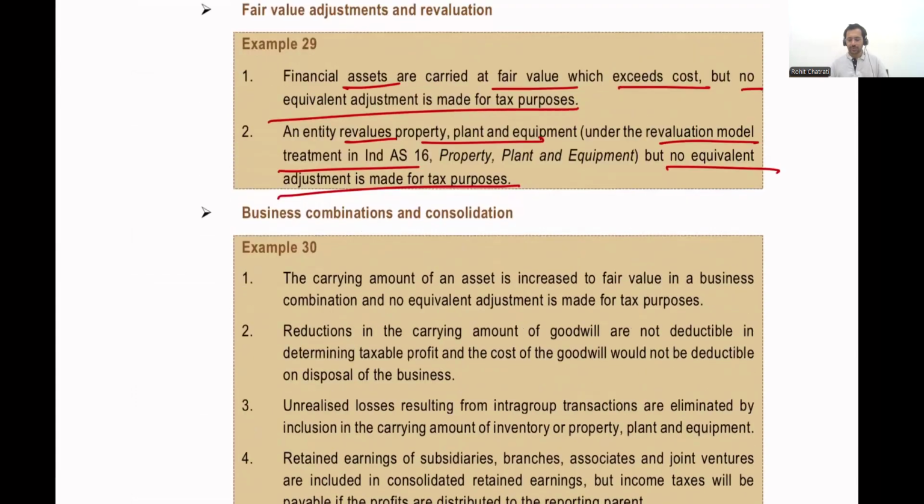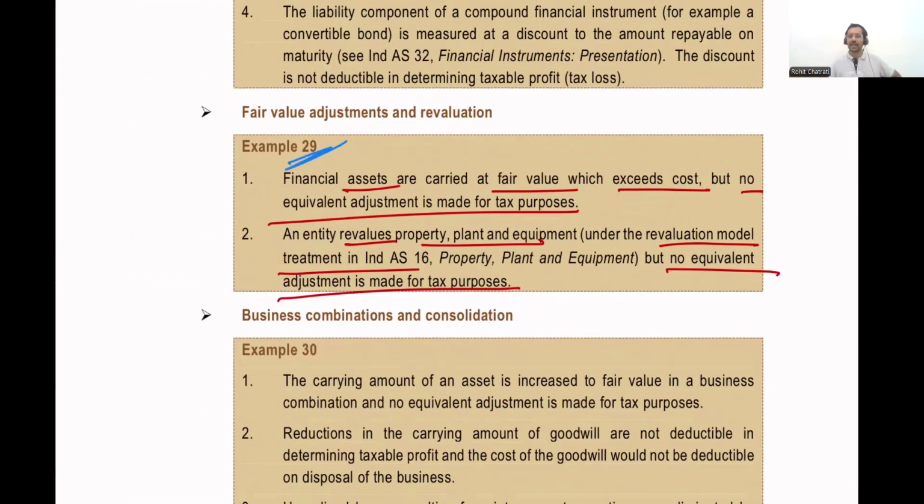So that is example number 29. These are two cases where we have a deferred tax liability or a taxable temporary difference as a result of fair value adjustment or revaluation. With that, we're done with example number 29.